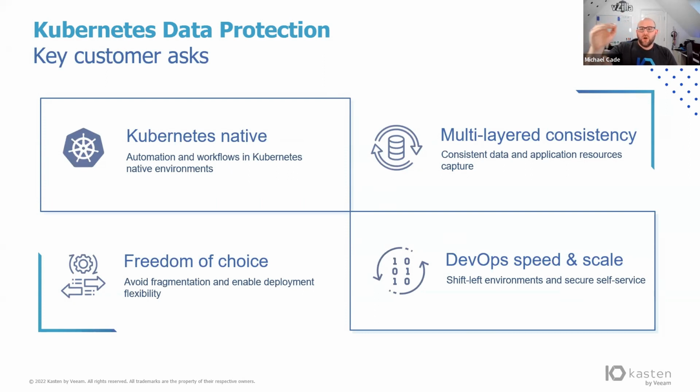You might not need consistency if you're just protecting a web app, a web server, or a web container. But when you start pushing things like data services into that, like a database, a messaging queue, batch processing, login metrics, etc., then you're going to need some way of being able to coerce that workload so that you can have a copy of that, so that when you come to recover it, the data is in a good state.